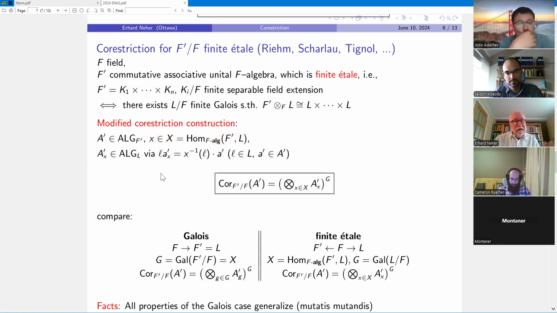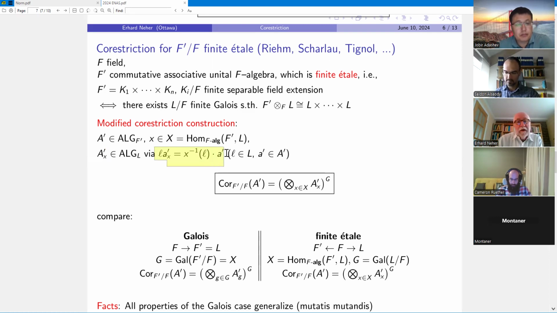And instead of defining a new algebra over F prime, I say the action of L on the new algebra A prime index X should be given by this formula here.